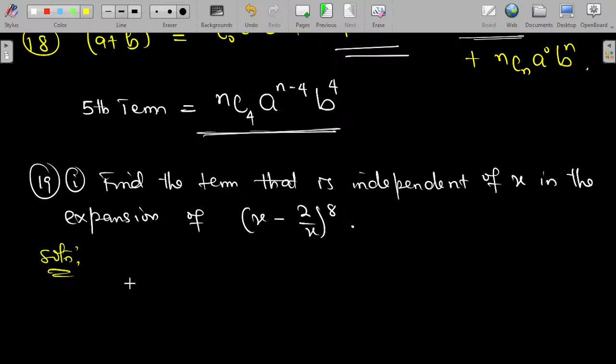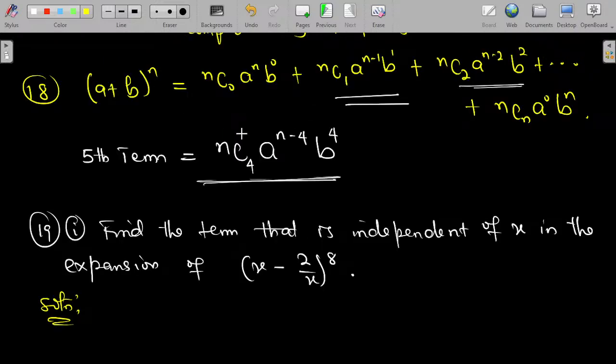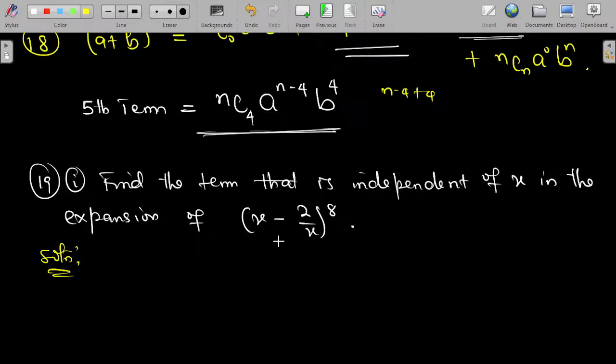All of this will rise and fall on some of the remarks that I've given you earlier on, which say that the sum of the powers of these, for instance a and b, must be equal to the total power you are given to expand. Like here you can see n minus 4 plus 4 will give you n. So that's the principle we are going to apply here.